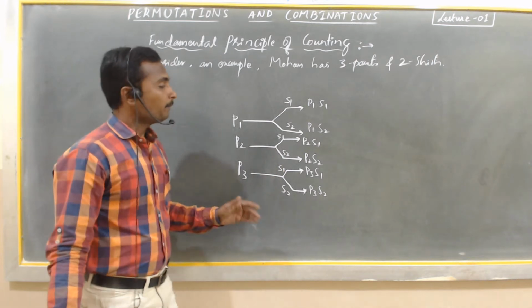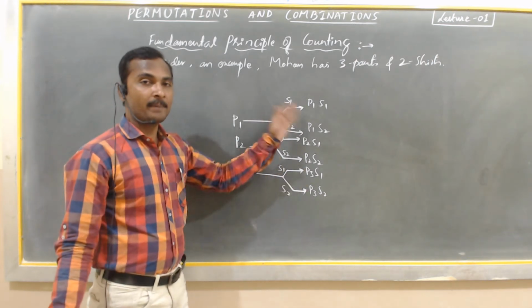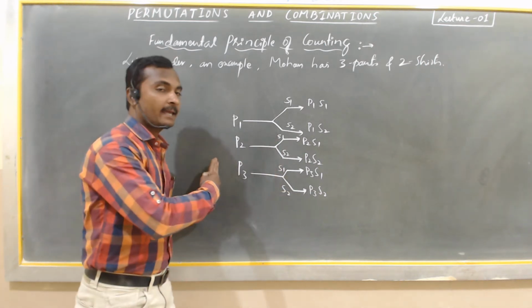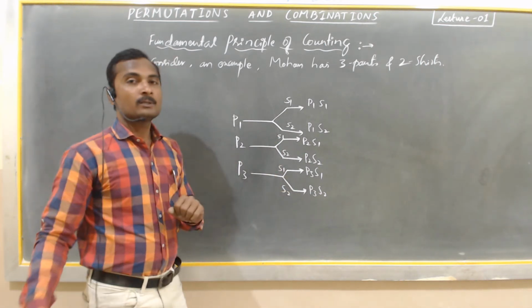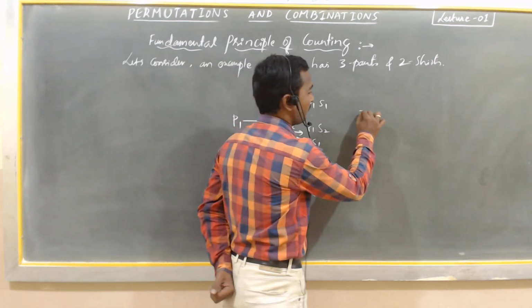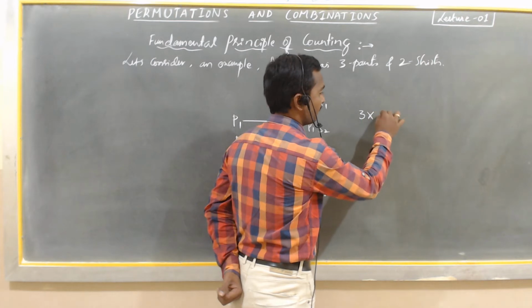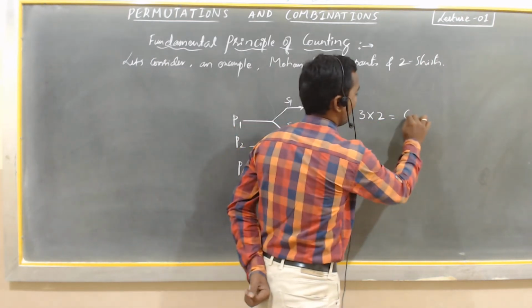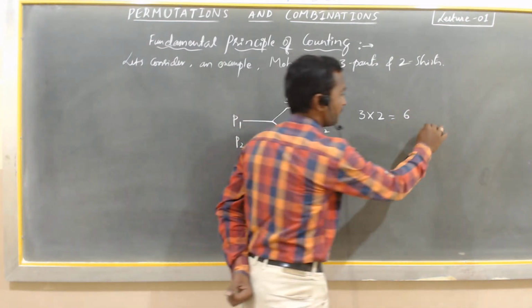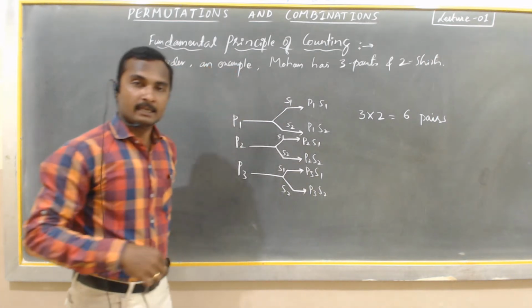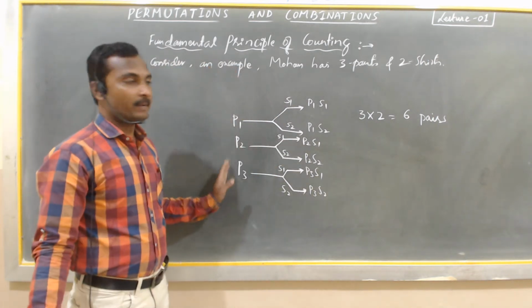So these are the maximum pairs of pants and shirts that he can use. There are three pants available. Out of the three pants, he has to pick one pant, such that Mohan can make six pairs out of the three pants and two shirts.